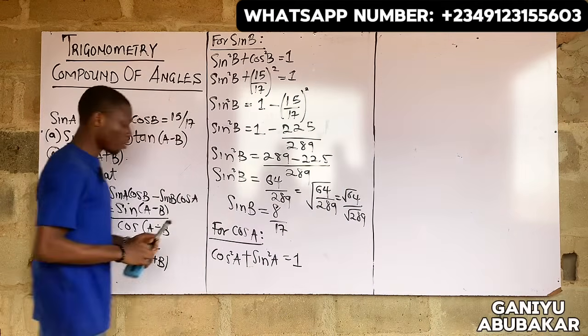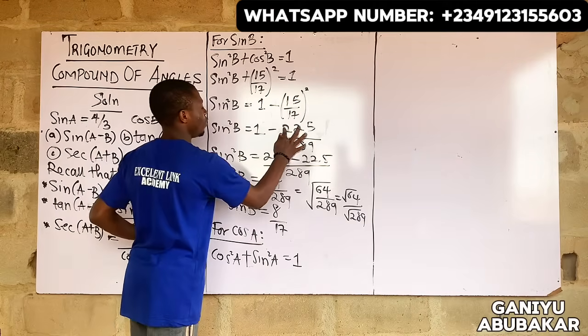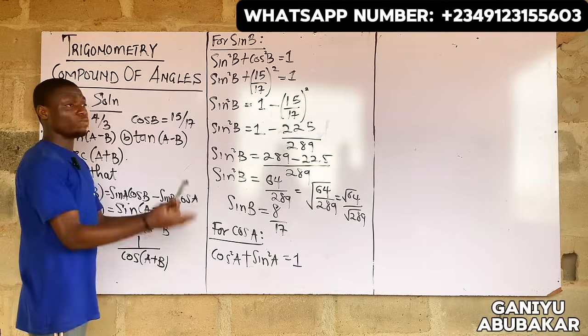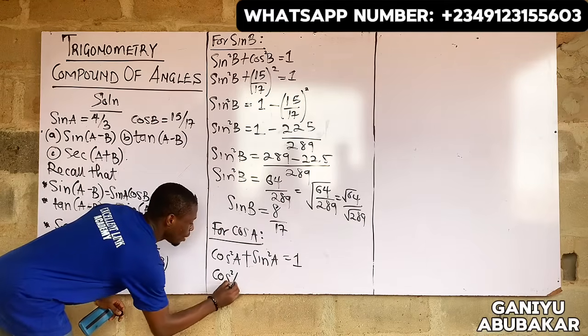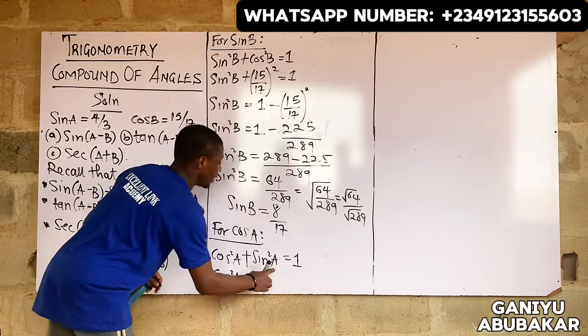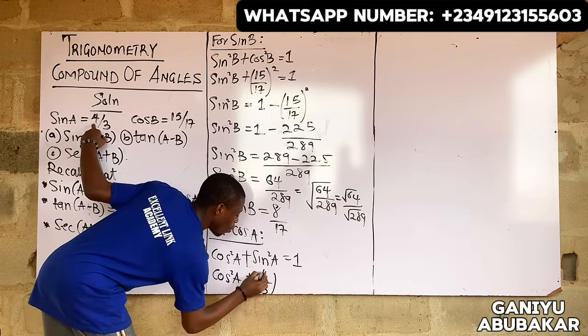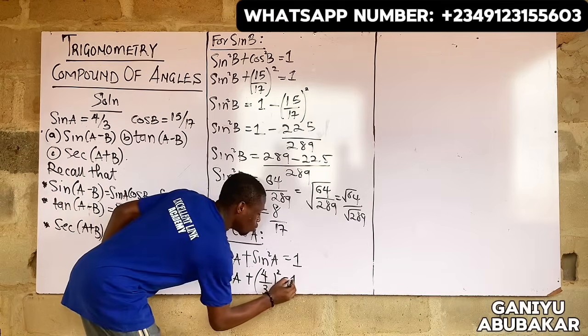Look up. From here now, what do I get? For me, I'll be having cos A, we don't have the value that we're looking for. So I'll have cos squared A plus sine A, which is 4 over 3, all squared, equal to 1.